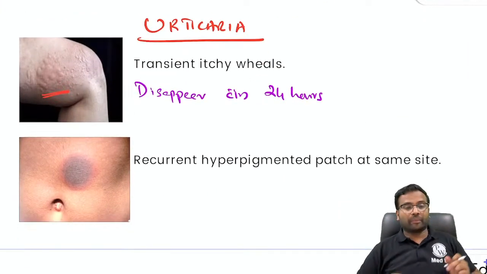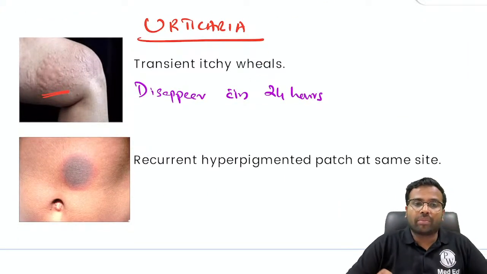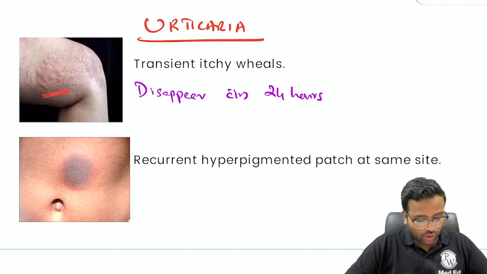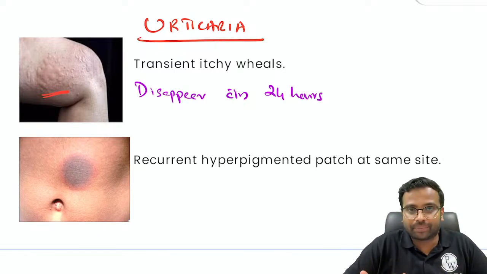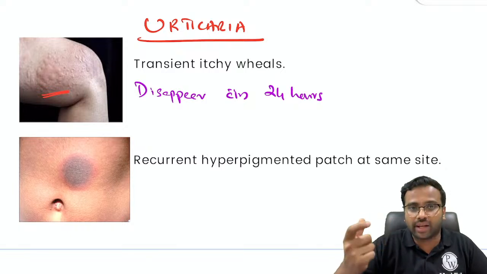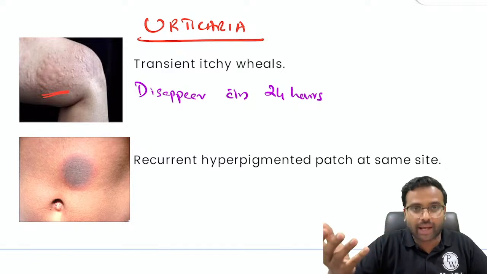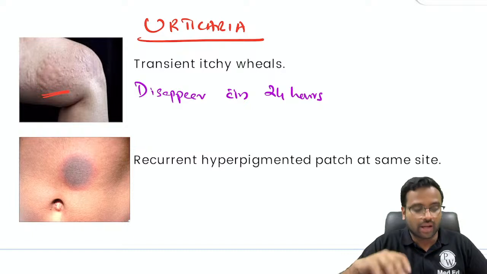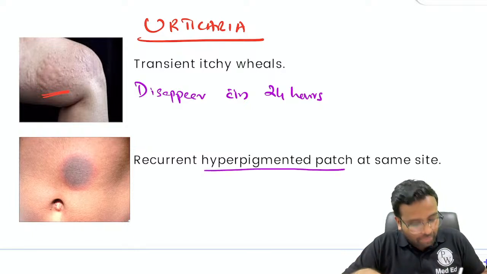So the next one, recurrent hyperpigmented patch, which is occurring at the same site. I'll give you one more clue. Every time the patient takes an NSAID like piroxicam, the patient is developing a hyperpigmented patch.